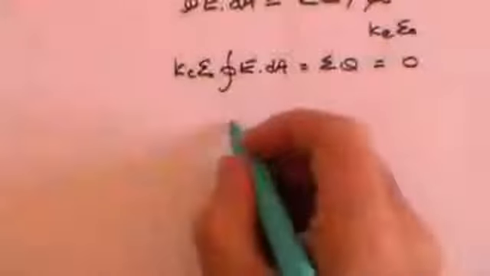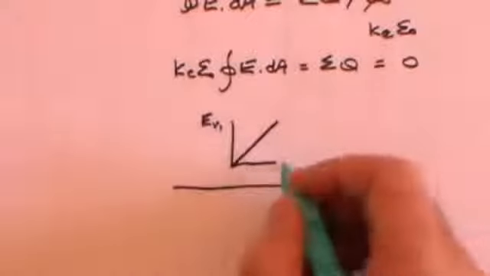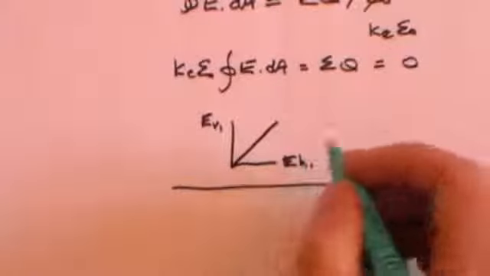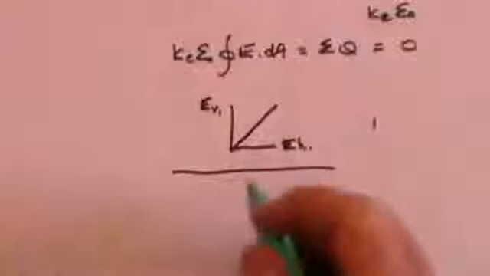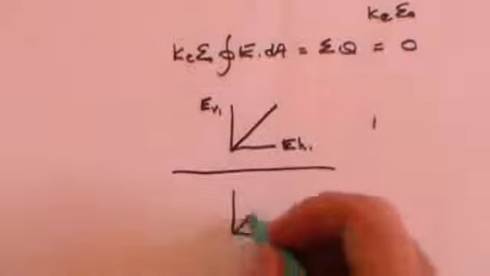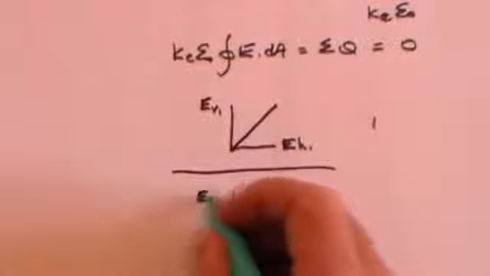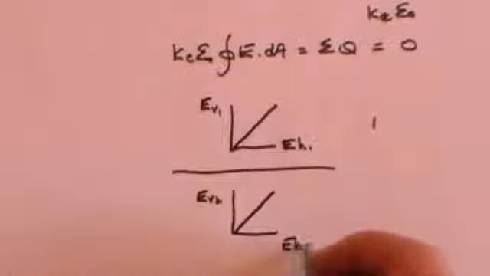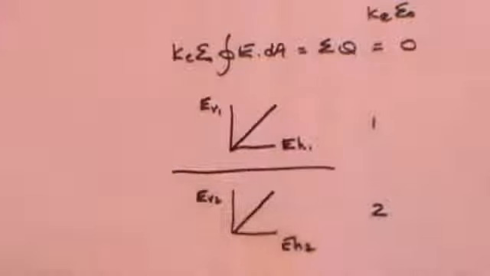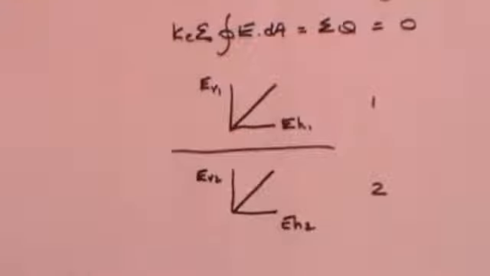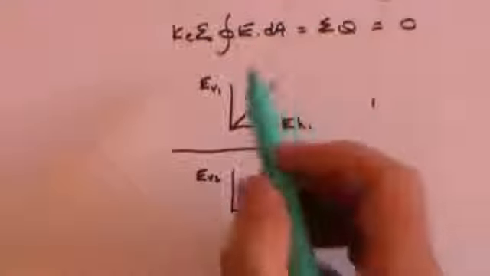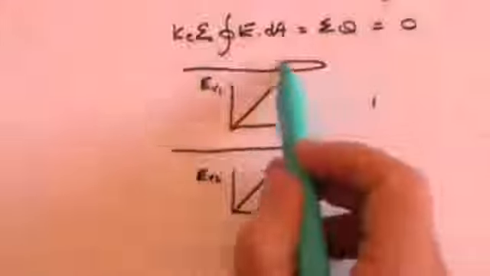to solve the problem. So here is the electric field vector with its constituent parts EV1 and EH1 in medium 1, and here is the E vector with its constituent parts EV2, EH2 in medium 2. And what I'm going to do is to construct what's called a pillbox, or if you like, a cylinder.